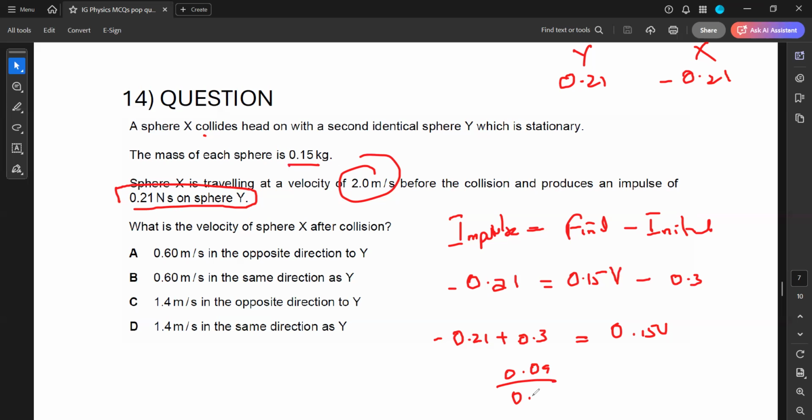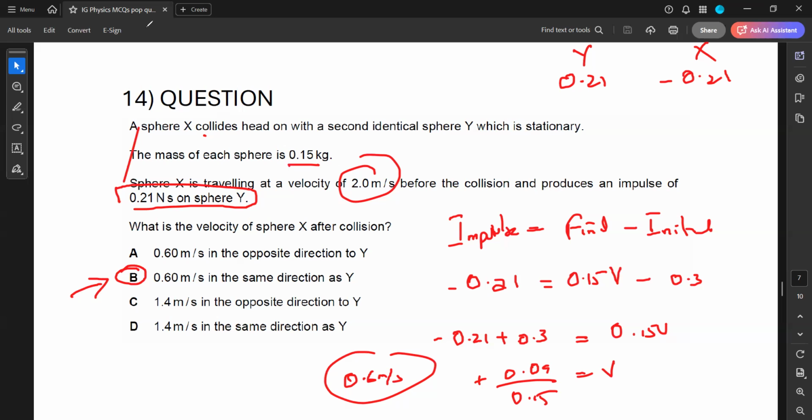So 0.09 divided by 0.15. What is the answer? When you simplify, you get 0.6 meters per second. Because the final answer is positive, it means the object moves in the same direction. So B will be the right answer.